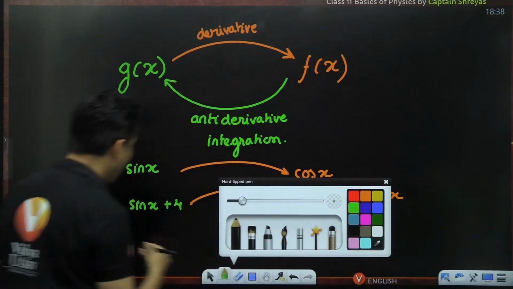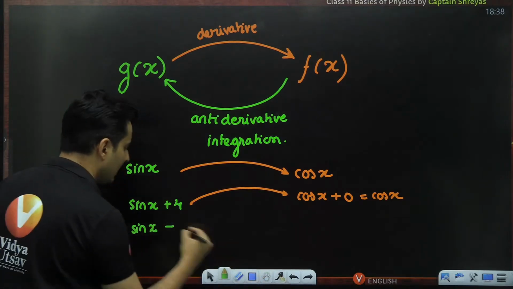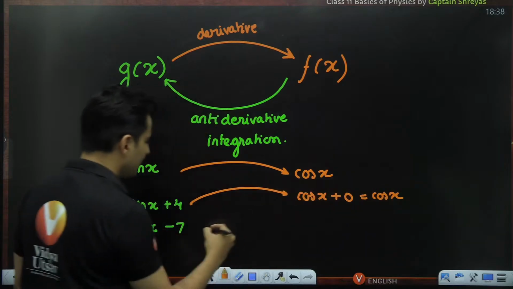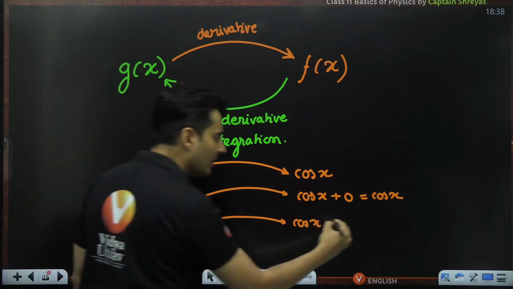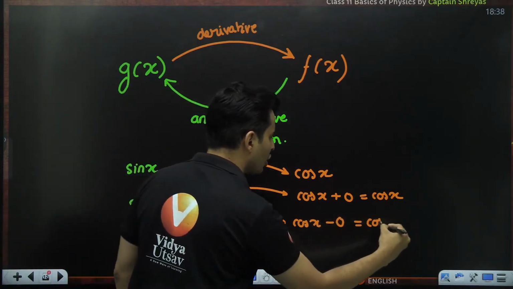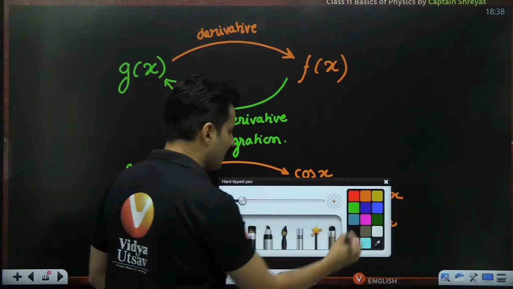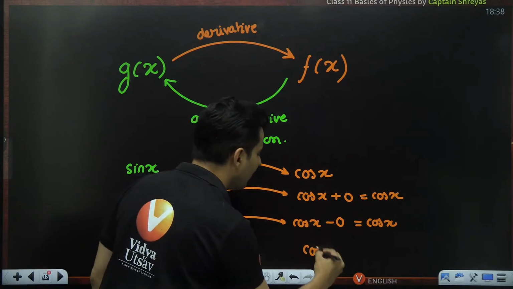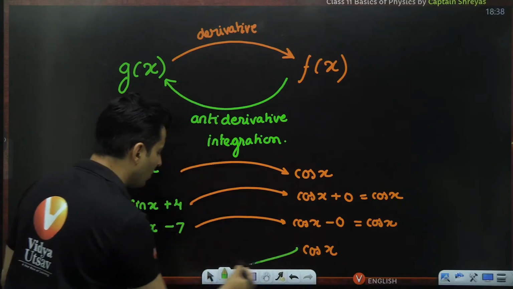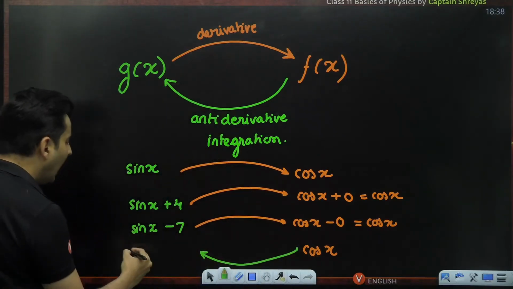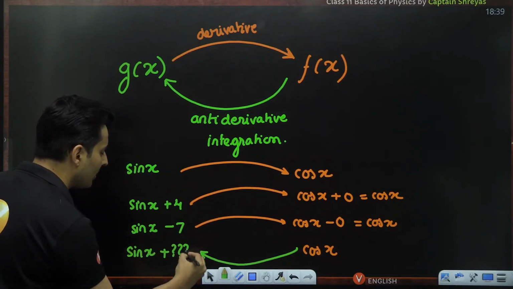What if I had the derivative to be found for sine of x minus, let's say, 7. Well, sine x's derivative is still cos of x, but derivative of 7 being a constant is 0, it will still be cos of x. That means when I try to go reverse and somebody just tells me that the derivative of a function is cos of x, and can you figure out what that original function was? Then I am in a dilemma. I do not know what constant might come.